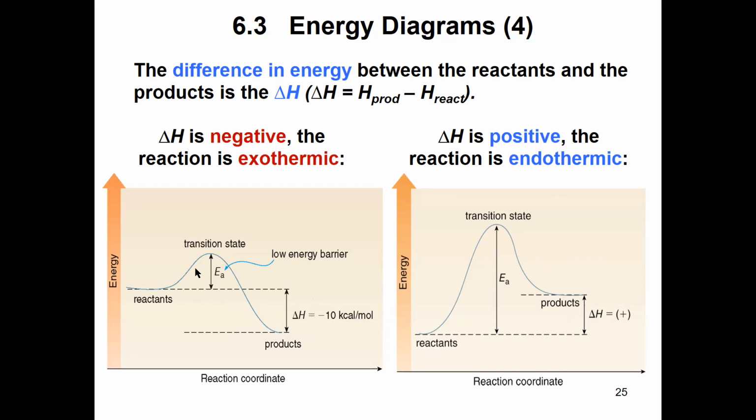So the difference between the energy at the transition state and the energy of the reactant is the activation energy, right? The Ea is the activation energy. That's the difference between the top of the curve and the initial energy of the reactant. You can view that as an energy barrier.